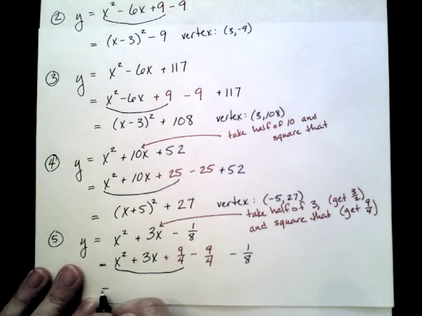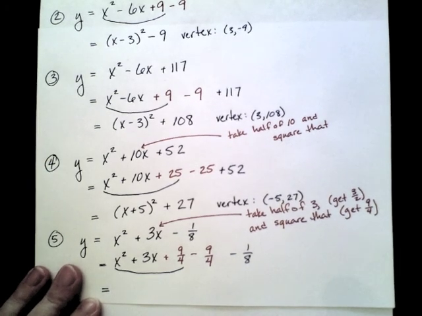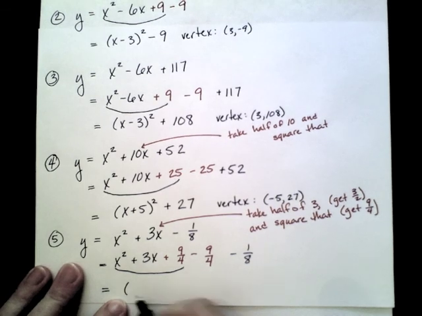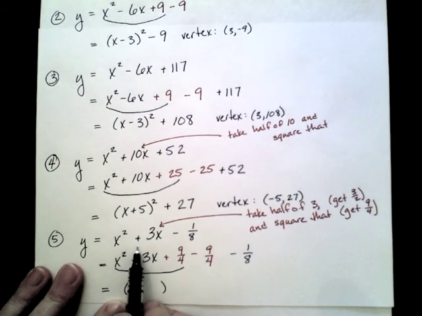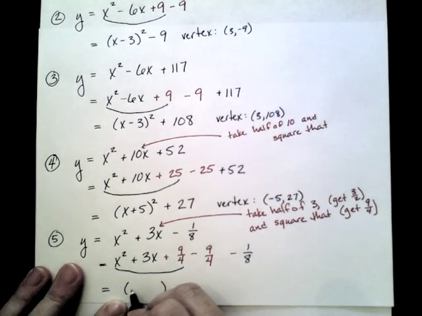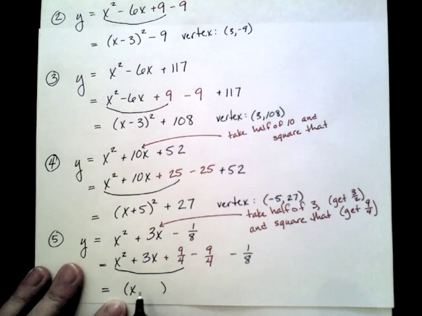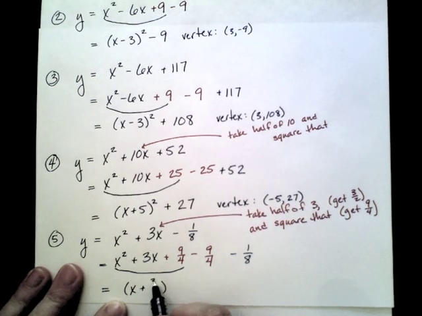It would not be obvious how to factor that necessarily, but since I built it by completing the square, my perfect square always factors as x plus whatever this half was before I squared it. So I get x plus 3 halves squared.